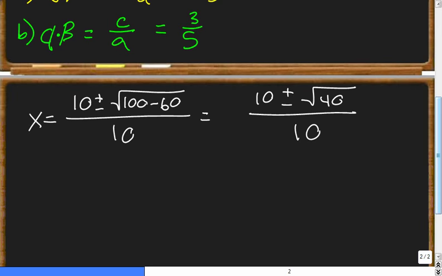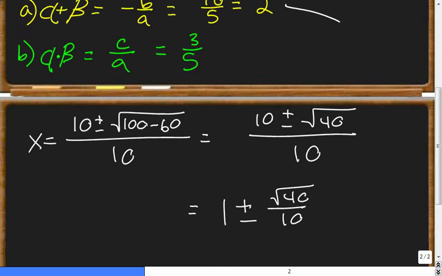You could think of this as 1 plus or minus the square root of 40 over 10. If we add 1 plus the square root of 40 over 10 and 1 minus the square root of 40 over 10, we end up with 2. And if we multiply these, we end up with 3/5 as well.